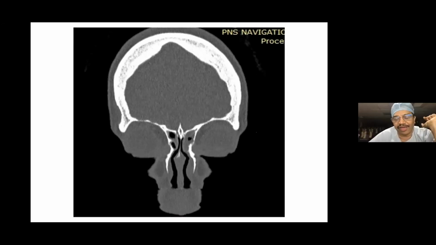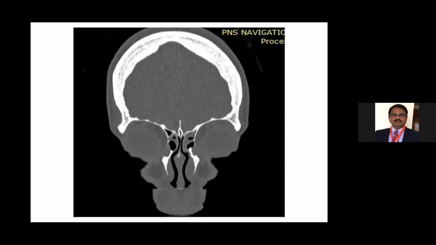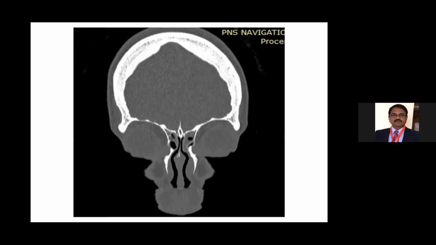So that is the agger nasi cell. It is the anteriormost ethmoidal cell. I would like to call the cell above the lacrimal sac the agger nasi. Sometimes the frontal recess cells can be there anterior to the agger also.